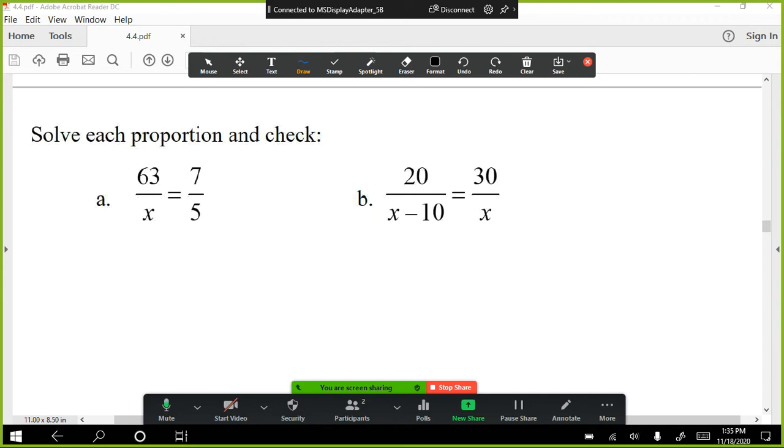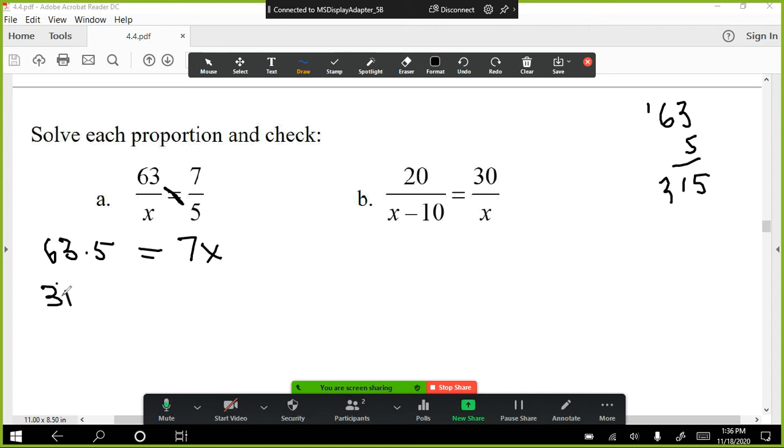So in order for this to be proportional, we cross multiply: 63 times 5, and that's going to equal 7 times x. Whatever 63 times 5 is, that's 315. 315 equals 7x. Then that becomes just a simple one-step equation.